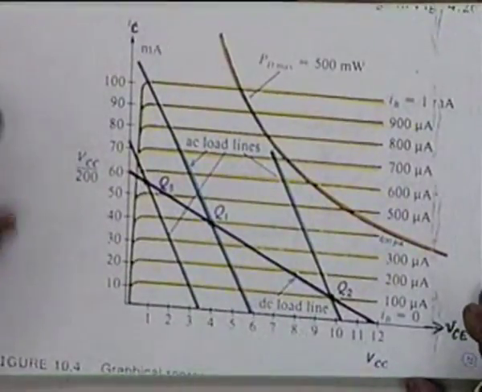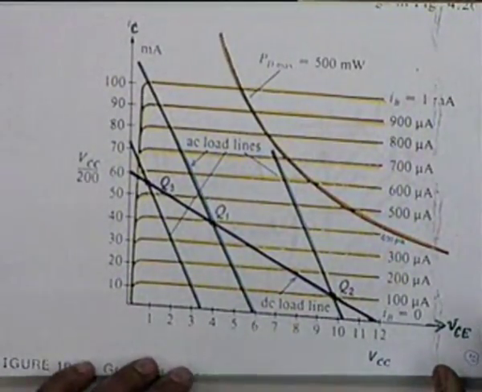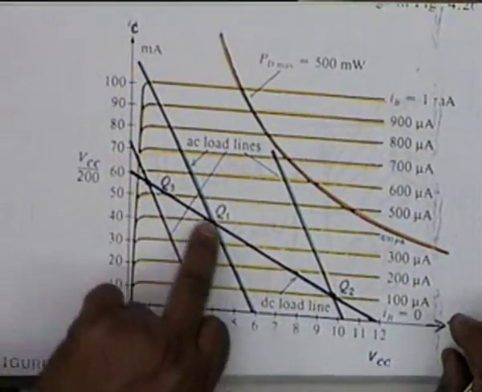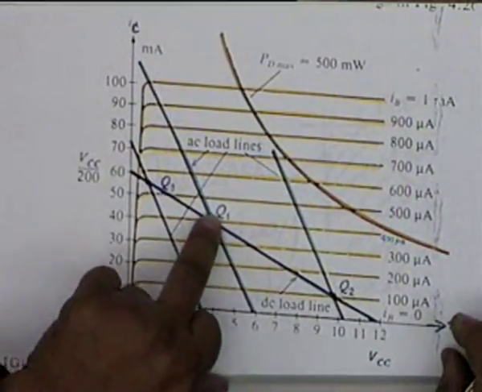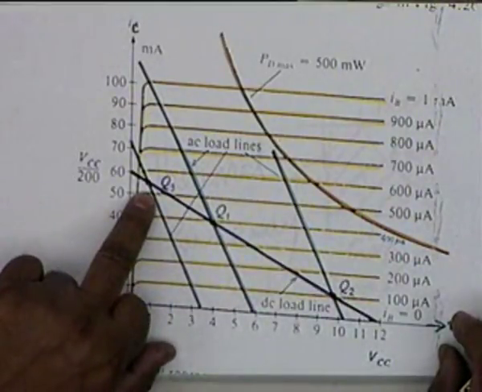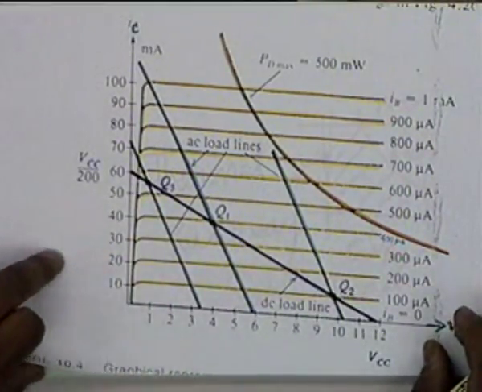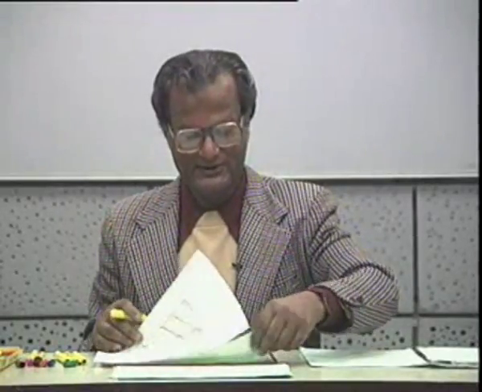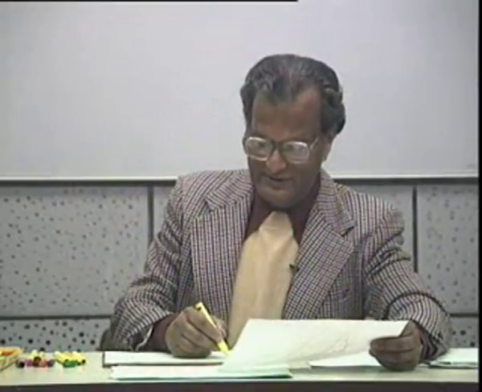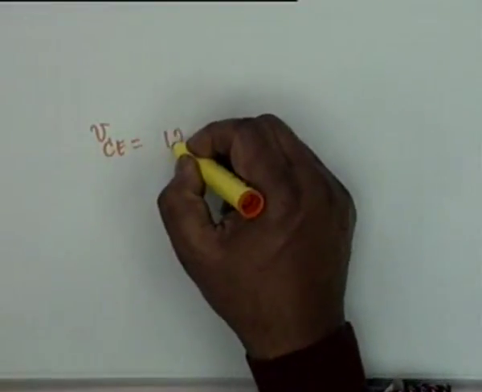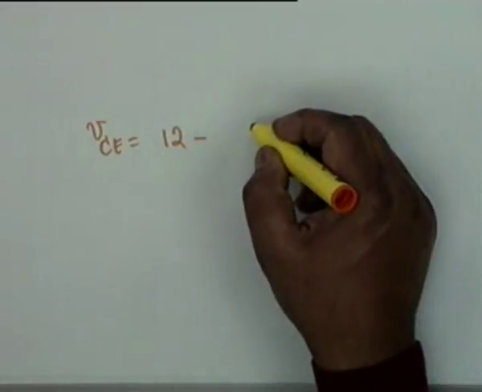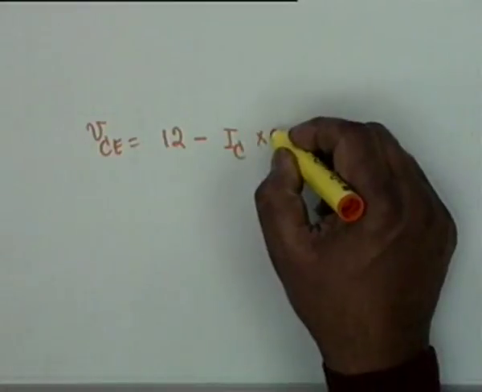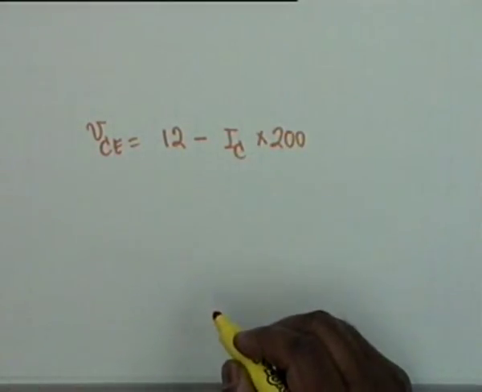Let's look at the present example. In the present example, this light violet colored line joining Q1, Q2, Q3 is the DC load line. As I had told you, what is the equation to the DC load line? VCE is equal to 12 minus I sub C multiplied by, which is 200 ohms here. All right.